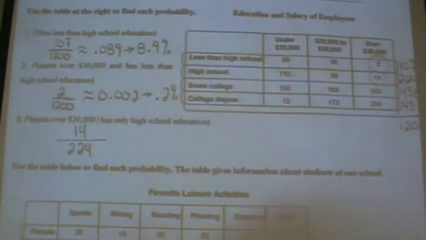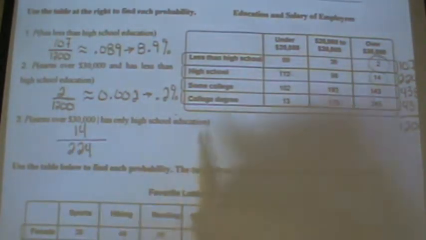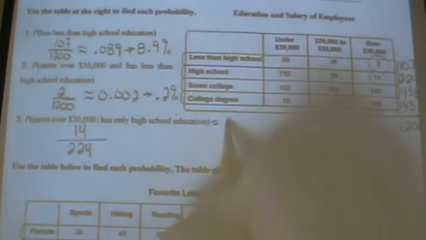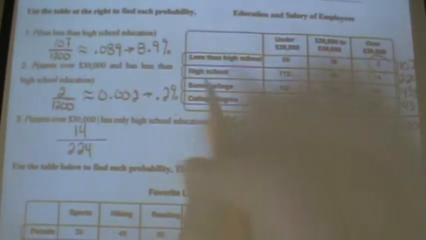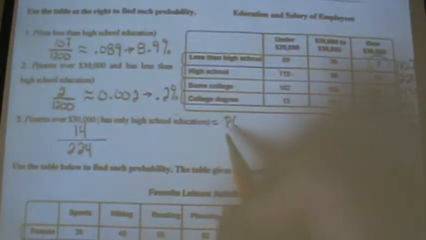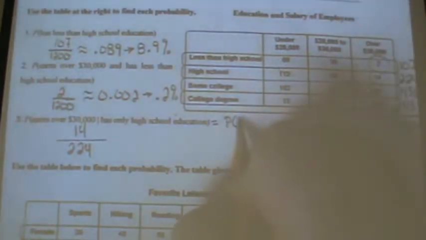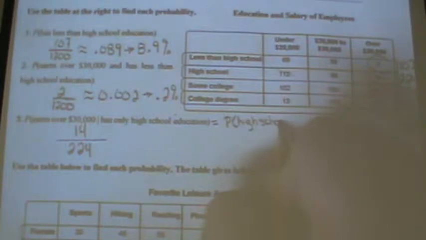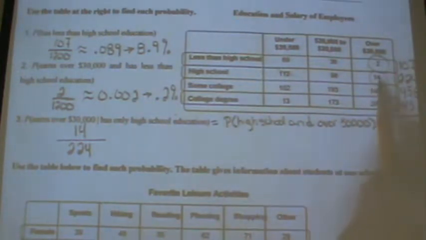Can you write that one out, like we did with the formula? Oh, yes. So this translates, if we're using the formula, to the probability of high school education and over 30,000. So that was our 14, because that's where it's both.